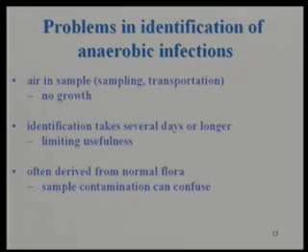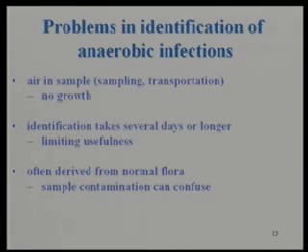In addition, I've seen situations where people will put samples in a refrigerator and wait till the next day before anything happens to them. You don't do that in this situation. These things are going to be dealt with as quickly as possible. Identification takes a lot longer, which also limits usefulness for the strict anaerobes, because they grow so slowly, so poorly, because of the situation we talked about in an earlier lecture.